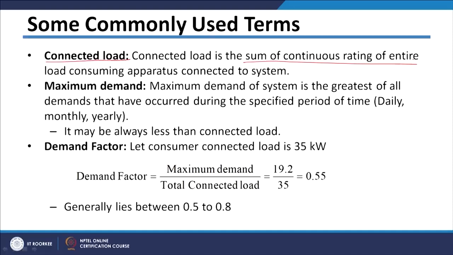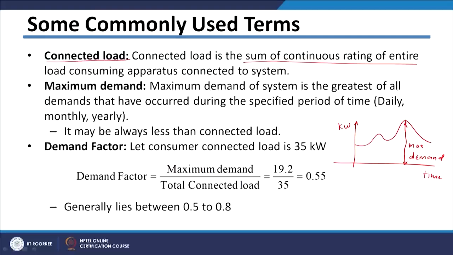Next term is called maximum demand. I already explained that maximum demand is where the load curve is at its peak position. If this is your time and this is your consumption in kilowatt, then this peak is your maximum demand.